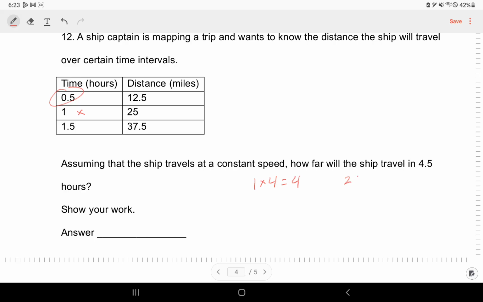And so 25 times 4 is 100 miles. And then I would add the half hour, which is 4.5 hours. And so add 12.5 miles for 112.5 miles.